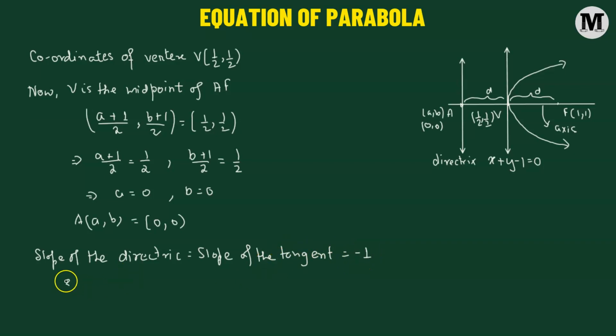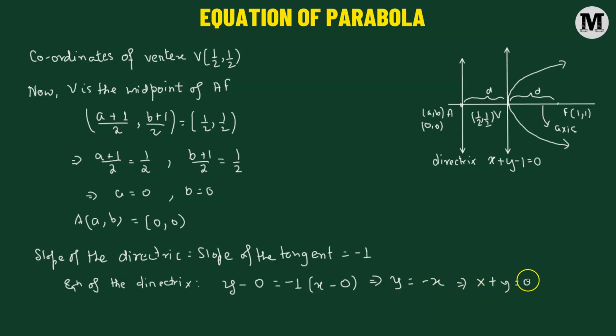So that means the equation of the directrix will be y minus y1. So y1 will correspond to the y coordinate of point A. This will be equal to -1 times x minus x1. So x1 is 0. So this implies y equals -x. Or we can say x plus y equals 0 is going to be the equation of the directrix.